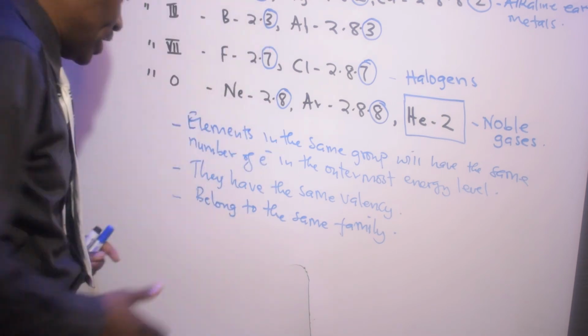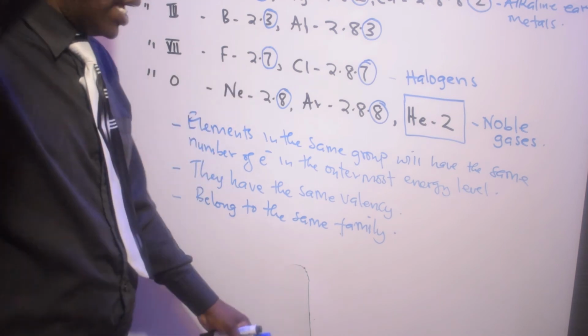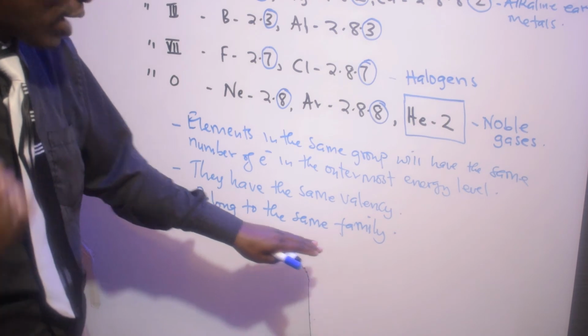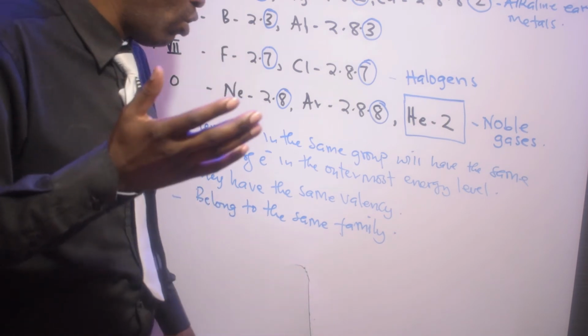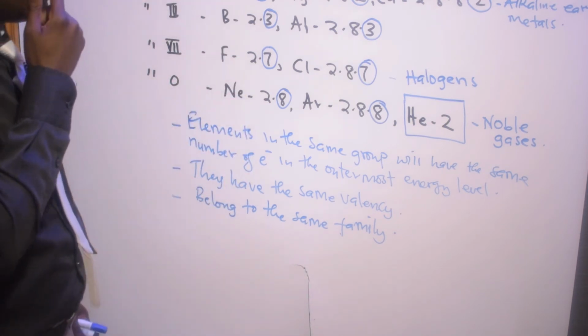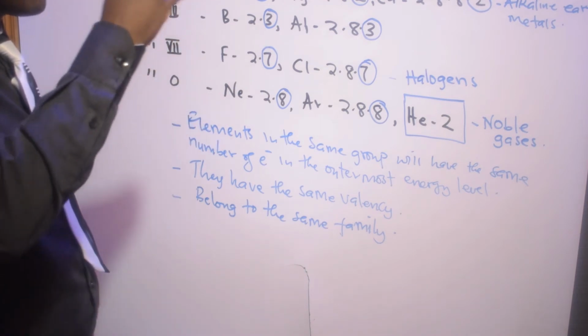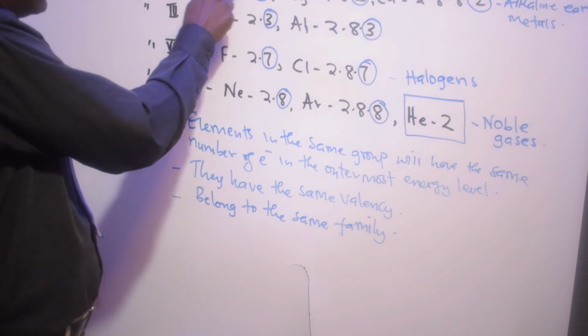Members of the same group will have similar chemical properties, and therefore we can even predict them. For example, if I talk about something like lithium, for instance.